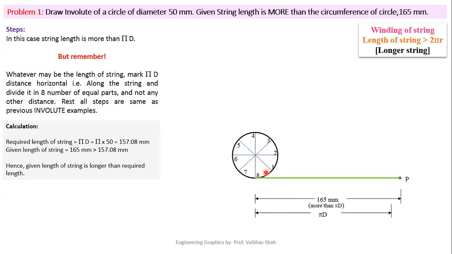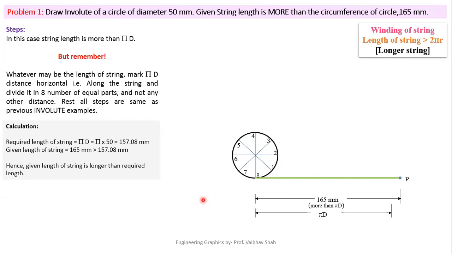So this is 0, this is 1, 2, 3, 4, 5, 6, 7, and 8. Clear? Your string will first get in contact with this point 1 here. Because when we try to wind this string around this circle, this point of string will come in contact with this first portion. That means this is your point number 1.